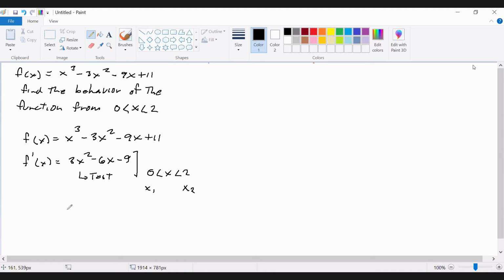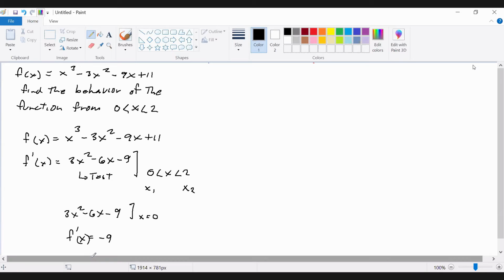So we have 3x squared minus 6x minus 9. Even if we plot 0 over here, when x is equal to 0, what is the function? We just need a base value, x equal to 0. When x is equal to 0, f prime of x is negative 9.